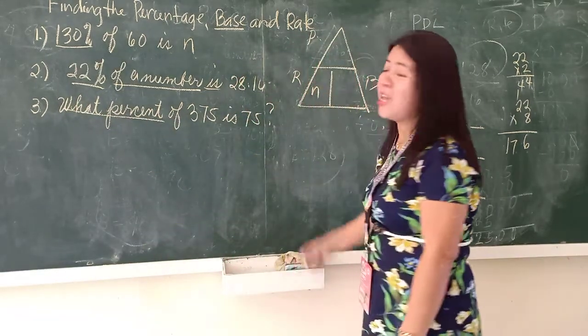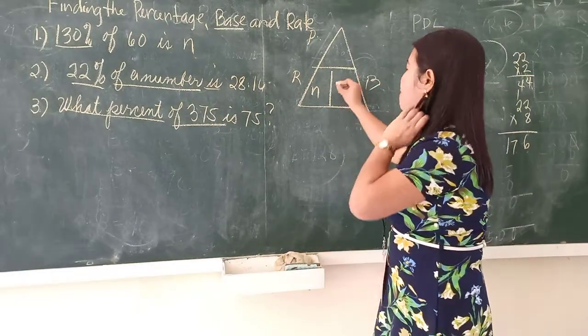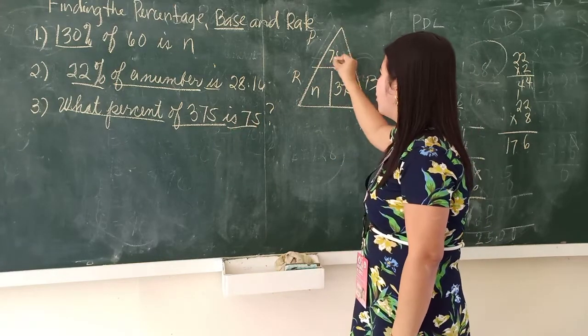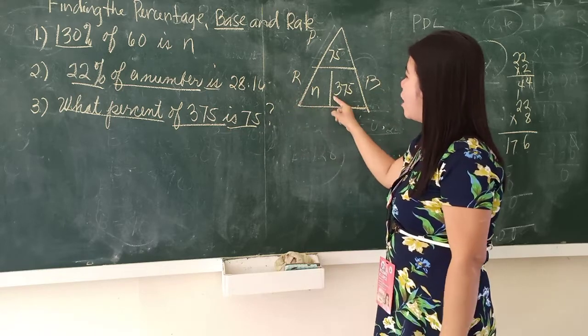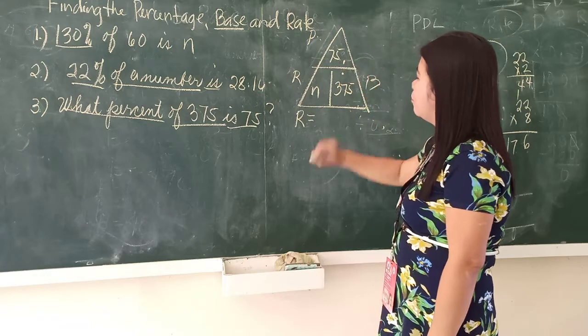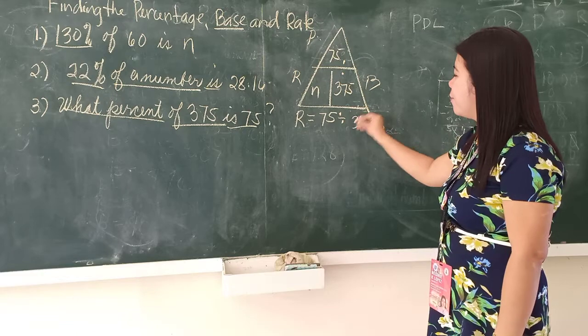So, ang rate mong n. Of 375. Kaya sunod siya sa of. So, that's the base, 375. And 75, sunod siya sa is. That's your percentage. Next, ano ang ato i-solve? The rate. So, R, since ang muna kompleto, muna siya i-divide. 75 divided by 375.